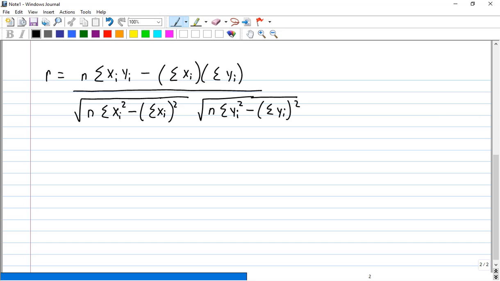Okay, I found us an example to work through that's similar to a homework problem, and it was talking about eBay and the number of bids on an item and the amount that the item sold for.